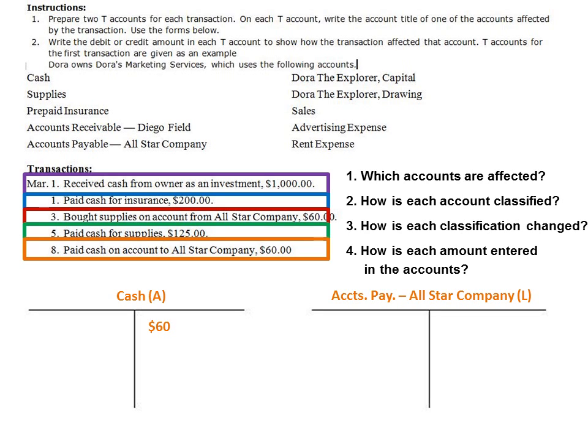Now, accounts payable, All-Star Company, liability. Let's look at this transaction. This is tricky. Do we owe them more or less money? And the answer is less money, because we are paying off what we owe them in full. So, accounts payable, which is a liability, is on the right-hand side of the accounting equation.